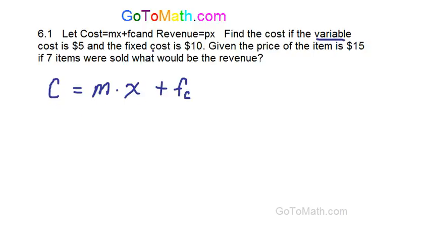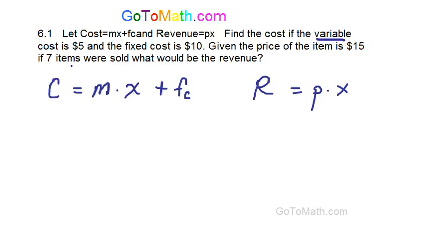Then you have this other one, and I'm going to label it as R. This is your revenue, and P is usually the price of the item, and X is the number of items sold. Now this X and this X are the same X. You need to keep that in mind. Usually number of items sold or number of items made.